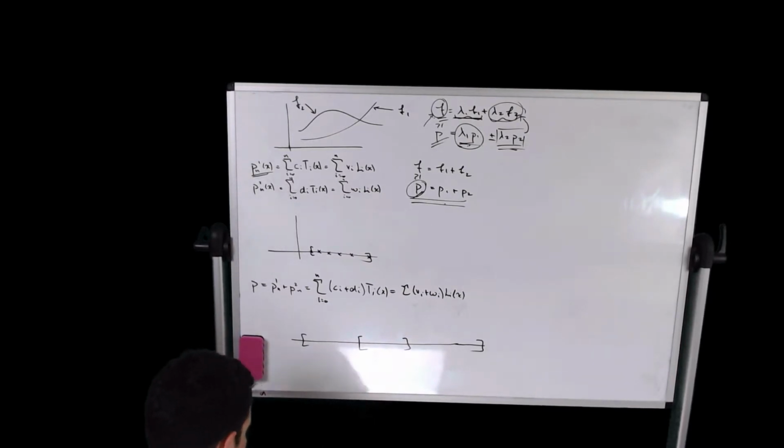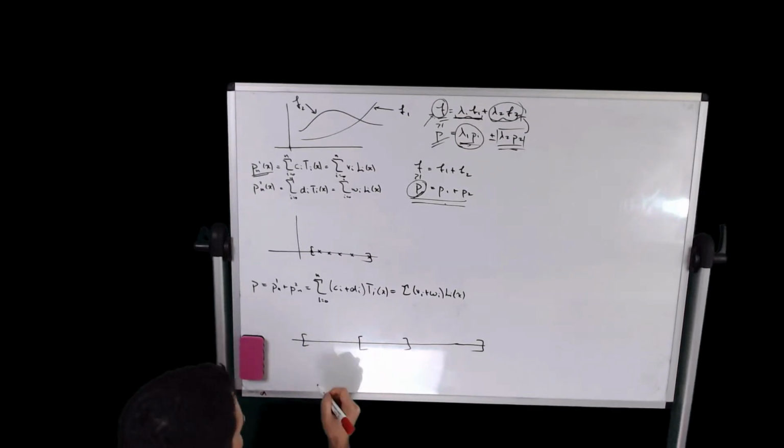I'm going to denote the Chebyshev points for P1. So P1 basically has this domain over here. Chebyshev points here.